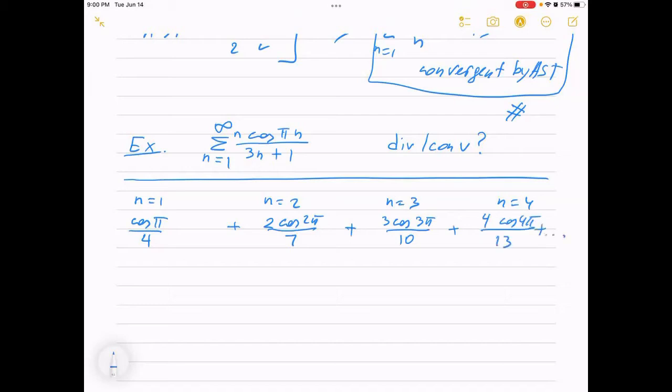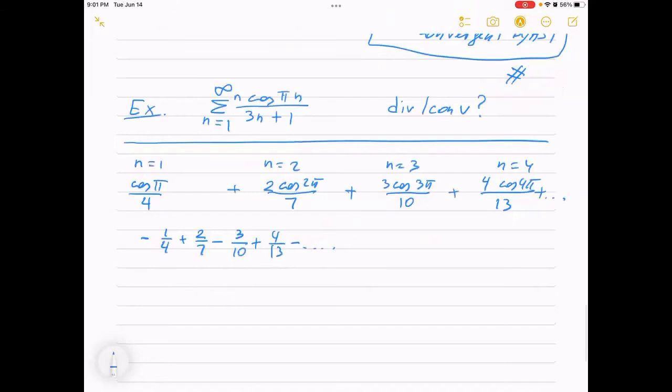Then I recall that cosine of pi is -1, cosine of 2 pi is 1. So our series is going to look like explicitly -1/4 plus 2 over 7. Cosine of 3 pi is -1, so -3 over 10, plus 4 over 13, and so on.